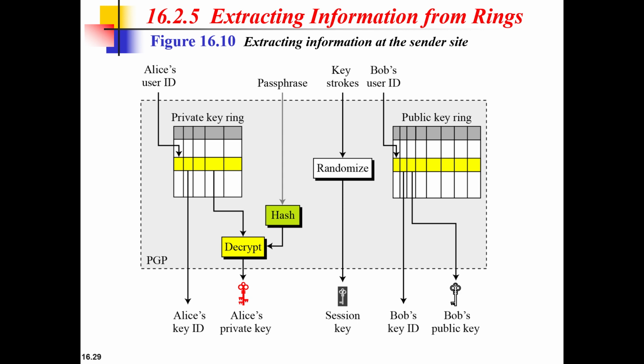Alice selects the user ID, her email ID, that she wants to use as an index to this ring. PGP extracts the key ID and the encrypted private key. PGP uses predefined decryption algorithms and her hashed passphrase as the key to decrypt this private key.